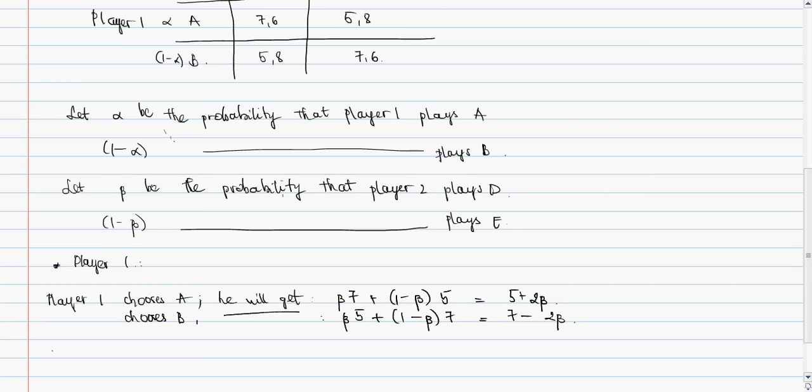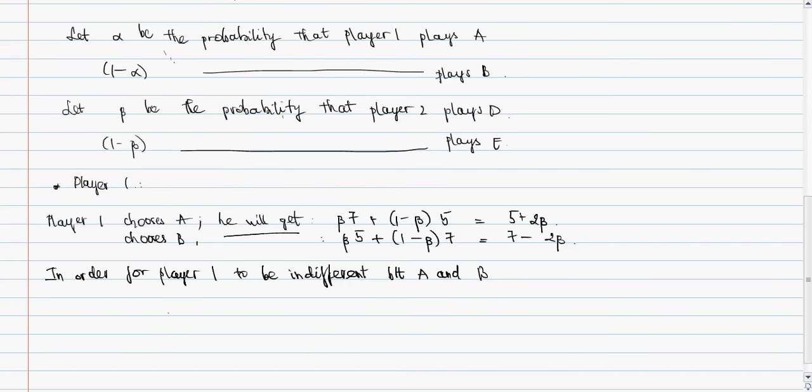So in order for player 1 to be choosing a mixed strategy, he will have to be indifferent between choosing A and B. So the payoff he gets by choosing A and the payoff he gets by choosing B will have to be equal to each other, will have to be the same. Okay, so 5 plus 2 beta will have to be equal to 7 minus 2 beta.